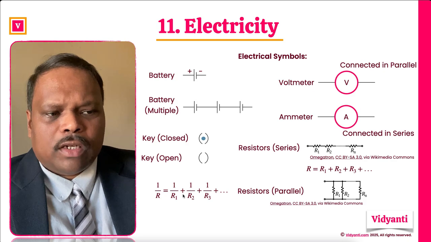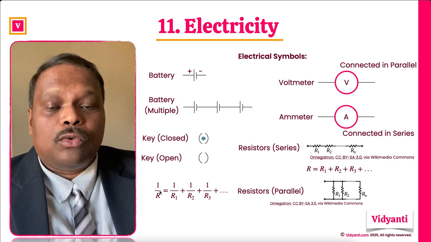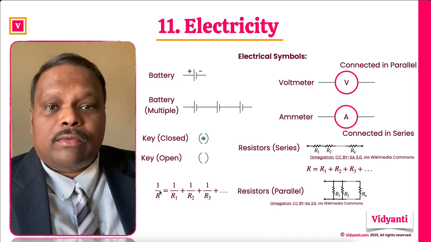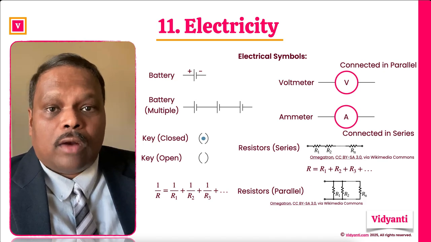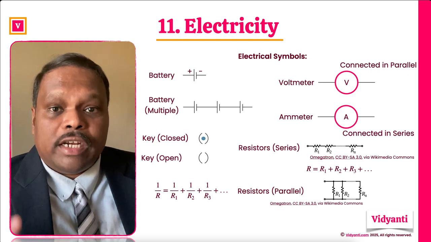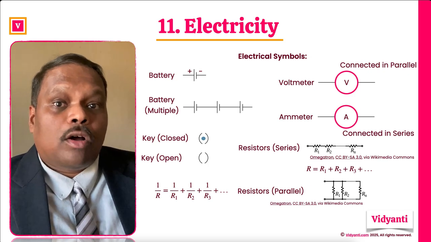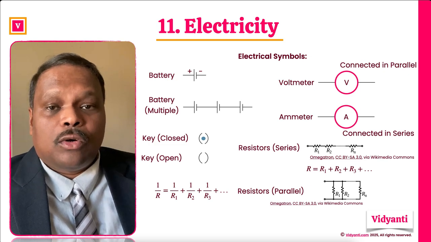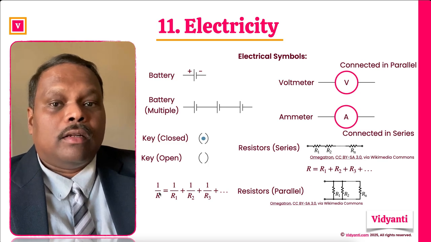When you do this one, finally you are going to get 1 upon R, and then after that we have to take the reciprocal of that one, and that will be your final answer. So don't just do 1 upon R1, 1 upon R2, 1 upon R3. Once you get that combination, remember, that's not your final answer, that's 1 upon final answer. So whatever answer you are going to get, you have to further take the reciprocal to get the final answer of the effective combination of the parallel resistances.